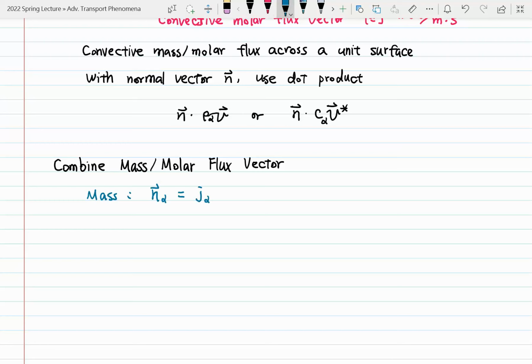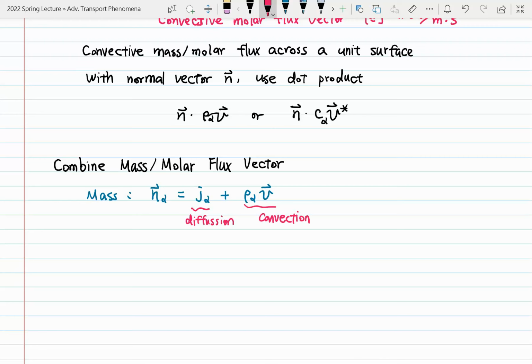So we use the lowercase j and the convective one. So the convective part would be rho alpha times the average mass velocity. So remember, we have the diffusion part, diffusion, and convection add up to be our combined mass flux vector.